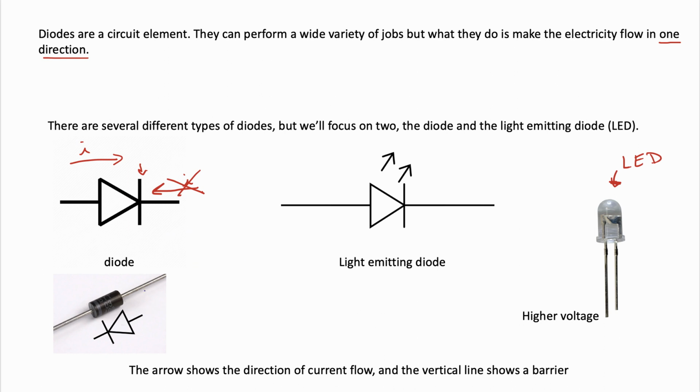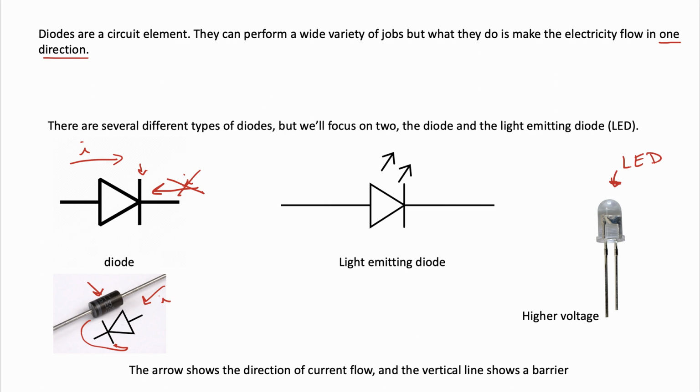And if you look at a real diode, here's a real diode right here, instead of just its circuit symbol, this little band right here is basically this circuit symbol right here. So the direction of flow for the electricity is this way.